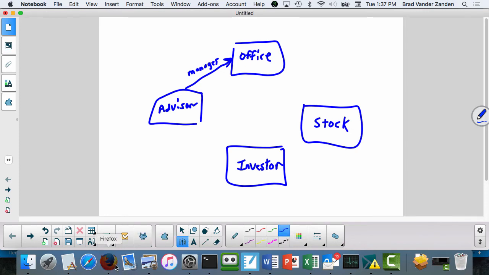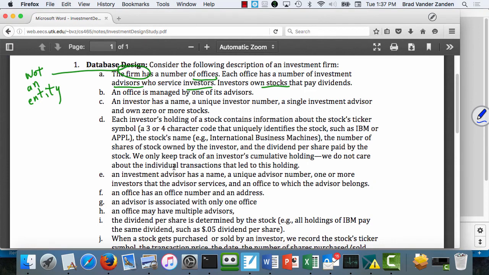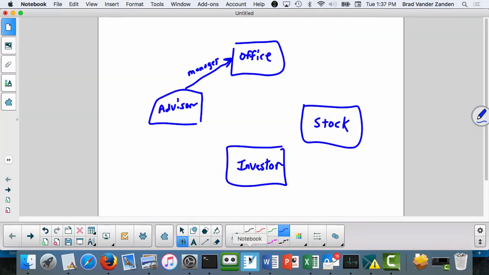And going to, let's see, we see that each office has a number of investment advisors. So an office will say employs advisors.